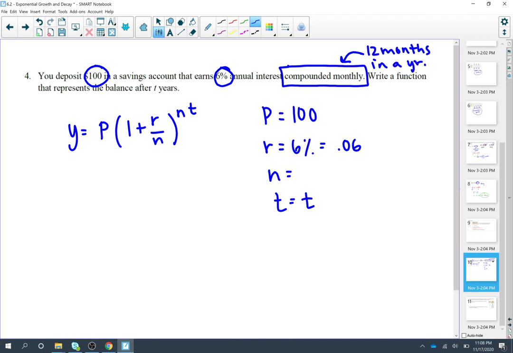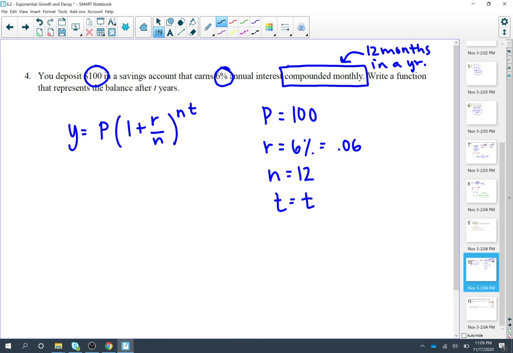So when they say compounded monthly, our n is going to be 12. So after the first month, they look at how much money you have in the bank account, and they pay you interest on your money. After the second month, they look at how much money you have, including your money and the interest, and they pay you more, etc., etc., etc.